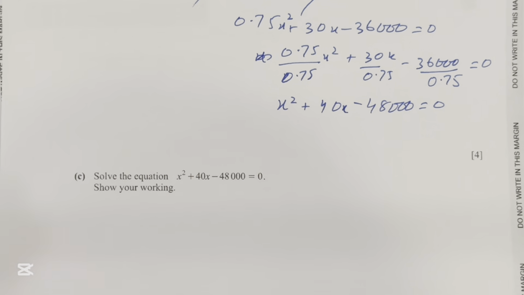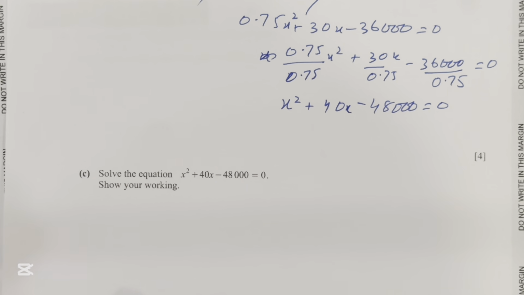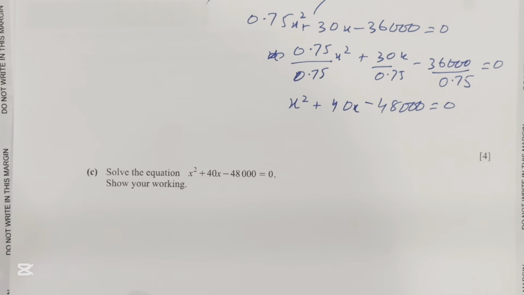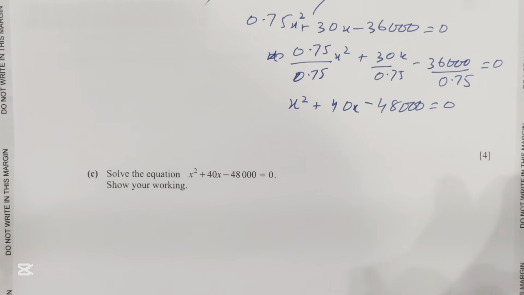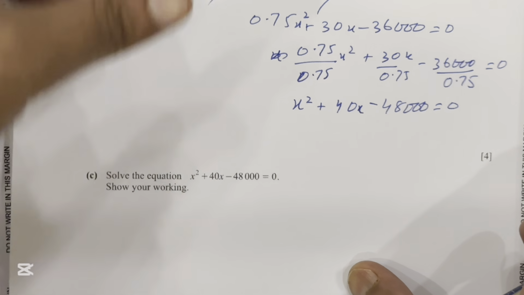Moving to part C, solve the equation x square plus 40x minus 48,000 equal to 0. It means you have to apply the quadratic formula. You are allowed to use the calculator.